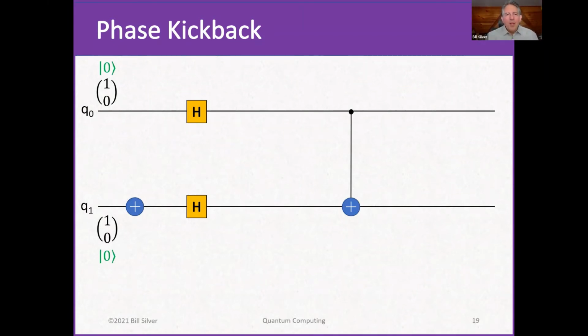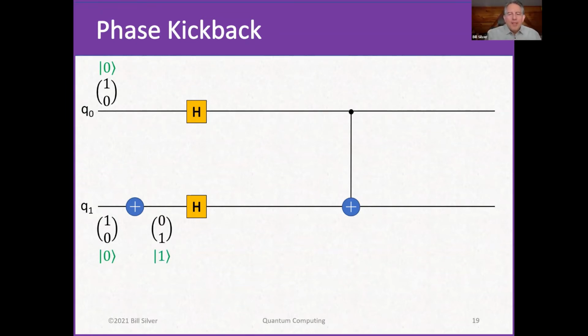So we've got a little circuit here with a NOT gate, two Hadamard gates, and a controlled NOT gate. I'm going to start the computation on the left with the 2 qubits in the 0 state. All right. Next, that NOT gate turns the 0 into a 1, as NOT gates are wont to do.